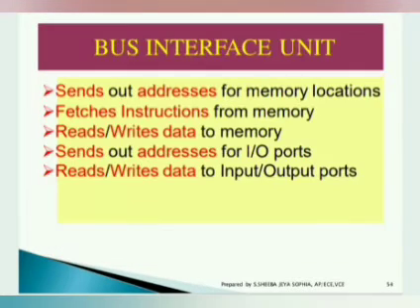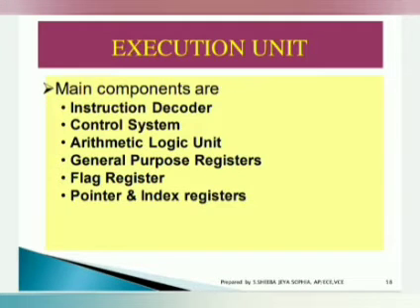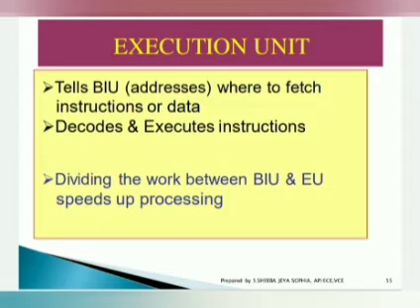Fetching means it sends the address of the memory data you want to pick up, goes to that address and fetches the data. It returns to the microprocessor, is processed in the execution unit and produces the output. These are all the functions carried out in your microprocessor.